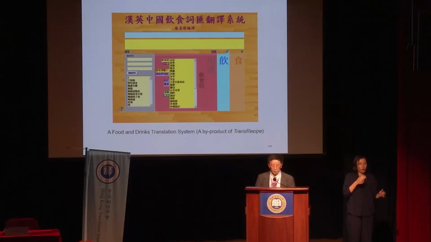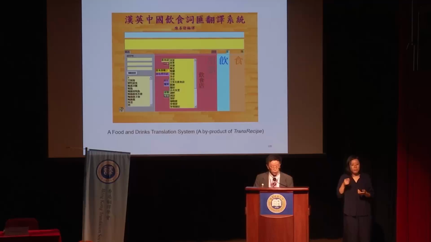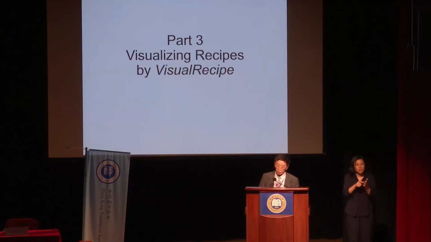Okay, so a byproduct of this TransRecipe is a food and drink translation system, which is divided into parts: the food part, the drinks part, and the expression part. Also, you can search for any terms in this particular system. So this is the first system that we mentioned, TransRecipe.